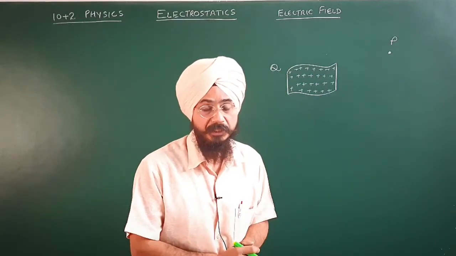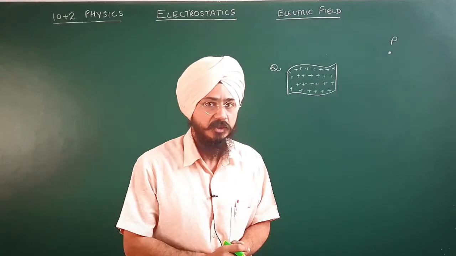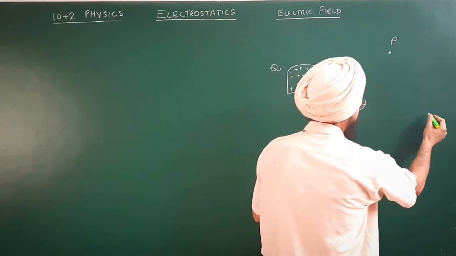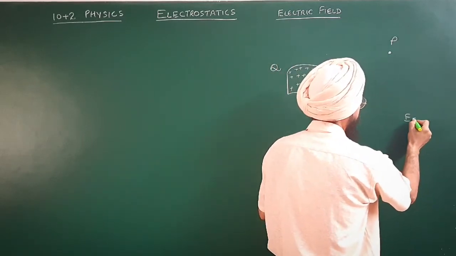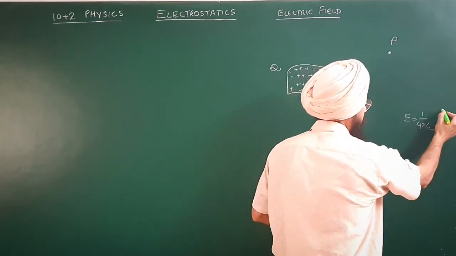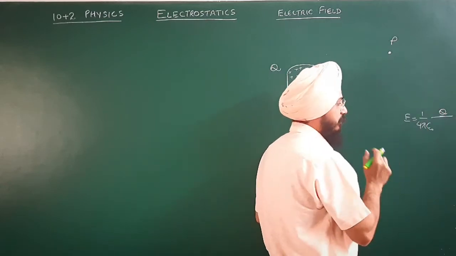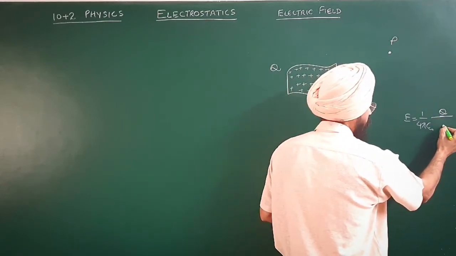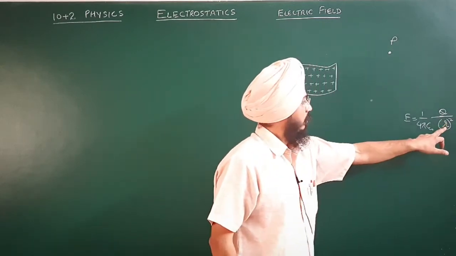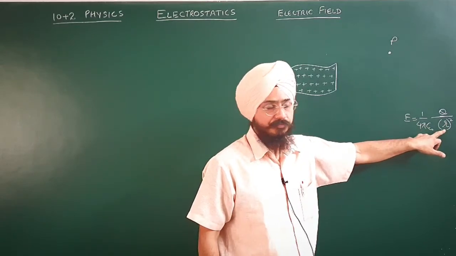What do we need to find the electric field? As I have told in earlier lectures also, to find the electric field you have the formula 1 upon 4 pi epsilon naught, and you need the amount of charge, but it should be a point charge, and the square of the distance between the source charge and the observation point.